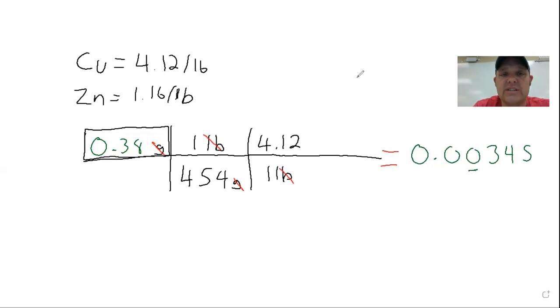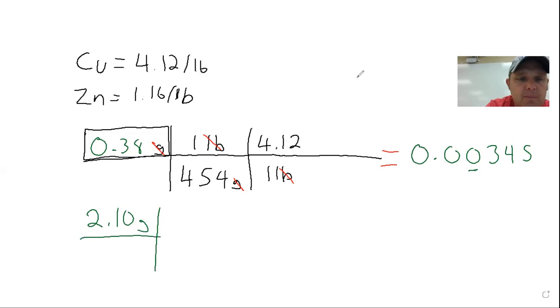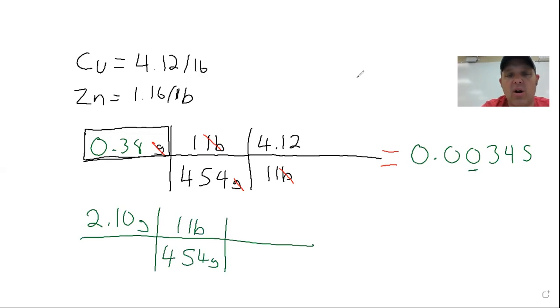Now, let's do the same idea for zinc. How much zinc did we have from that penny? We did that calculation before, and we had 2.10 grams. Our setup is going to be very close to the same. We're still going 454 grams in 1 pound, but now our cost of zinc is different.